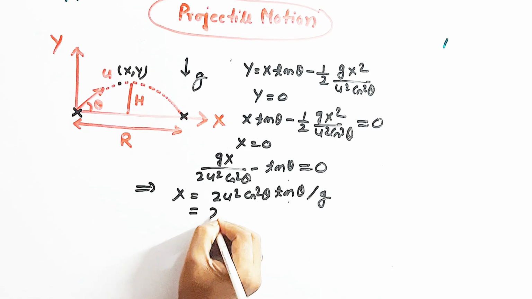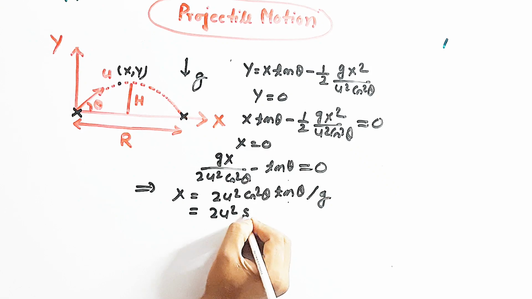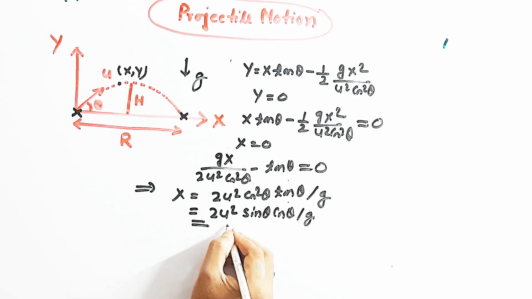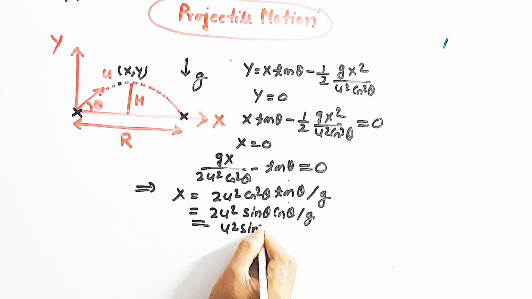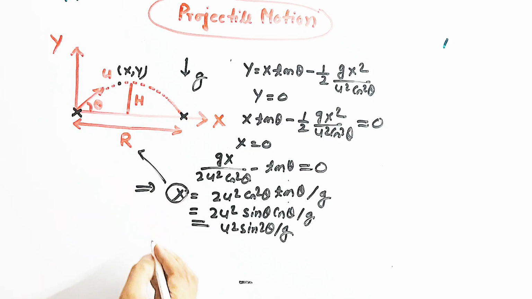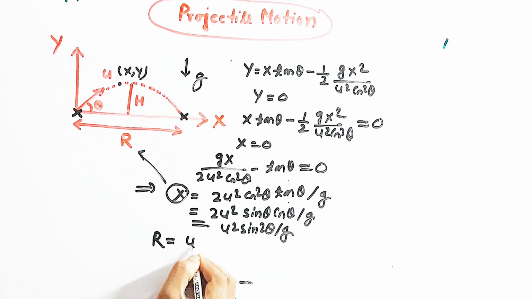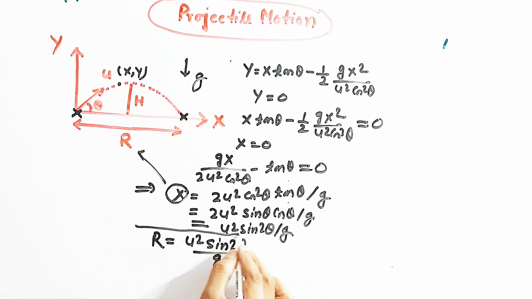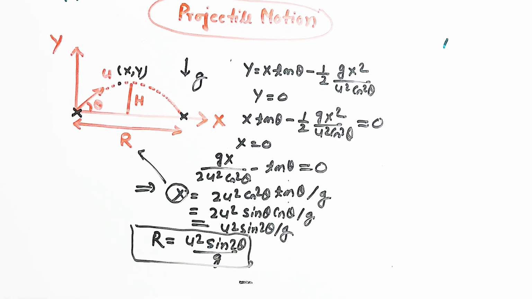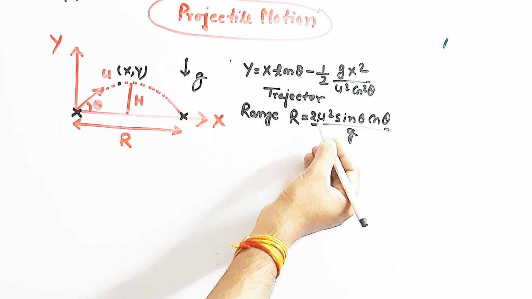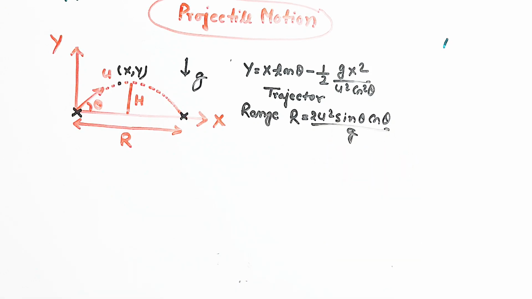You will get 2u square sin theta cos theta divided by g, and this is u square sin 2 theta by g, and this second root of x is nothing but R. So the range of the projectile is given by R = u square sin 2 theta by g. This is the range part. Now we have the trajectory as this equation and the range as 2u square sin theta cos theta by g.